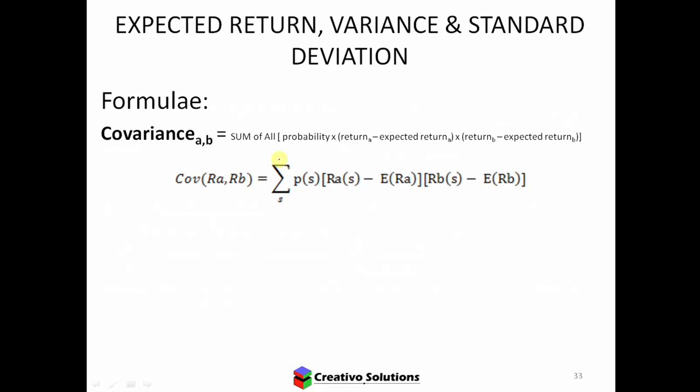Take your covariance and divide that by your standard deviation for A times the standard deviation for B. And if you get -1 or +1, you've got this concept of perfect correlation. It's never ever going to be perfect, but you could be quite close. You could be positively correlated or negatively correlated to certain assets, depending on what you're analyzing.